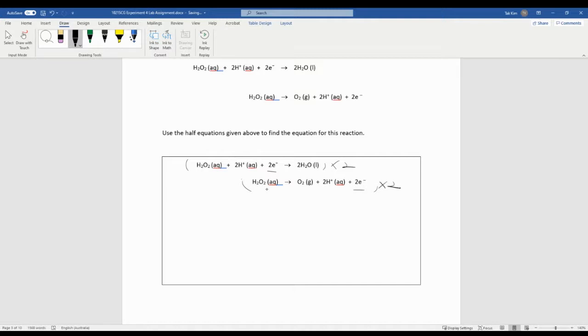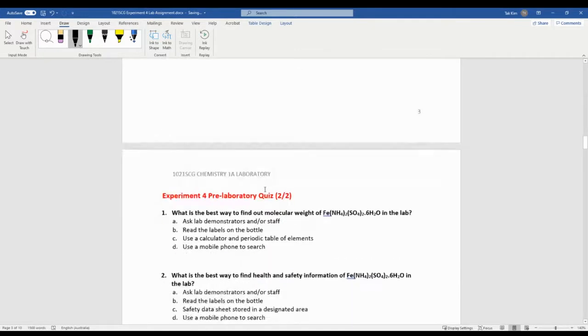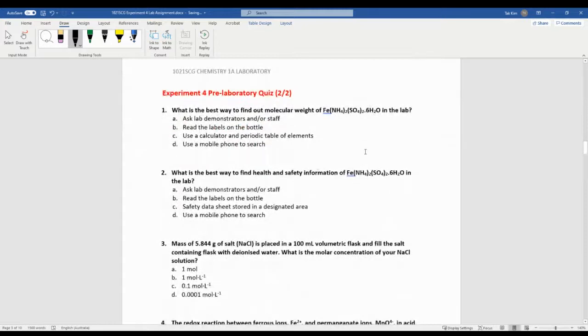Either you do this or you just combine them into one redox equation because you have the same number of electrons on both sides, 2 electrons here and 2 electrons here. In the end, you also should cancel the common terms, which are 2 protons on both sides. And then we do have multiple choice questions.